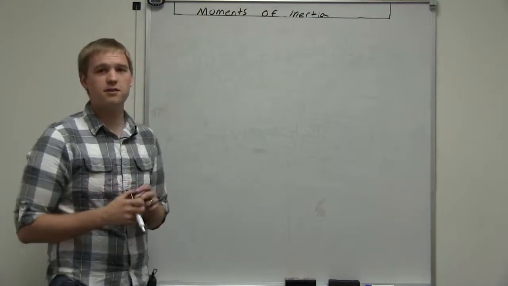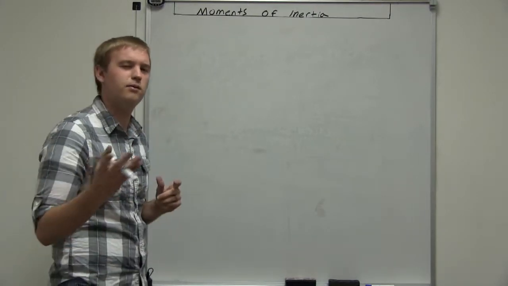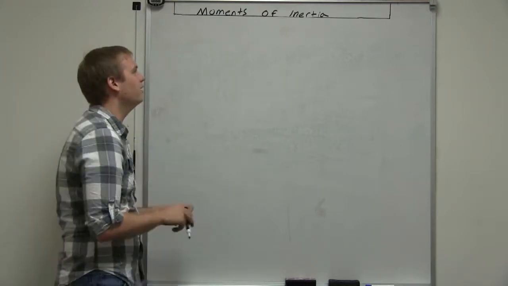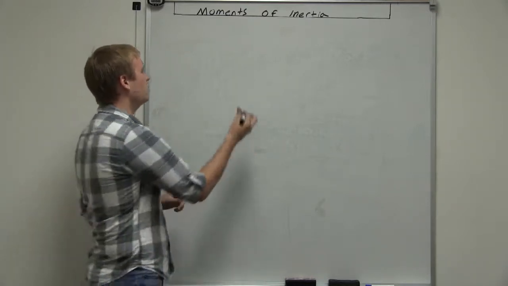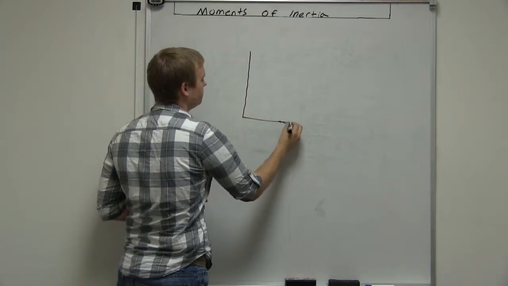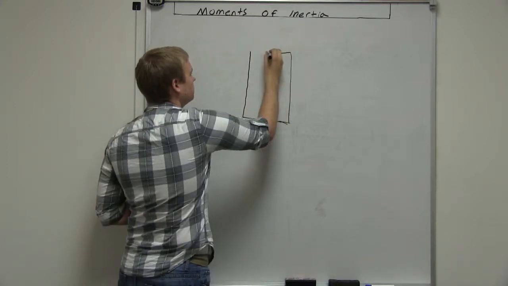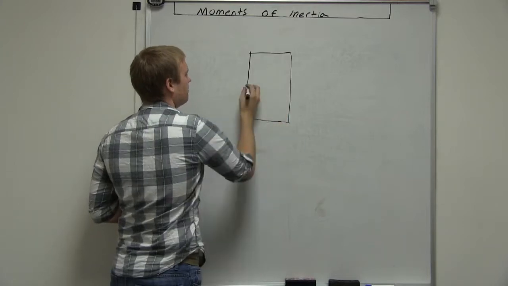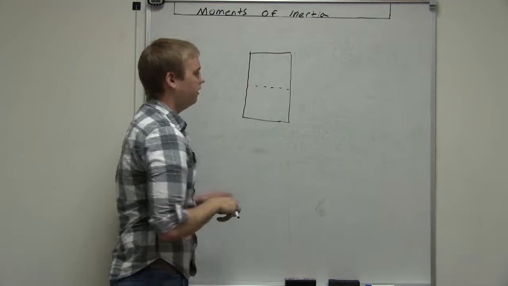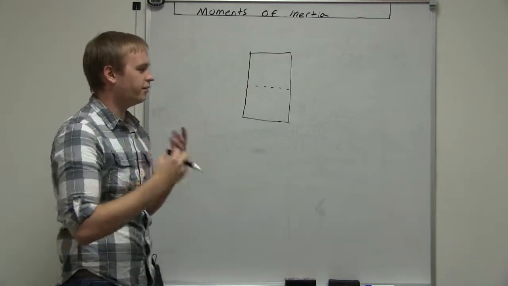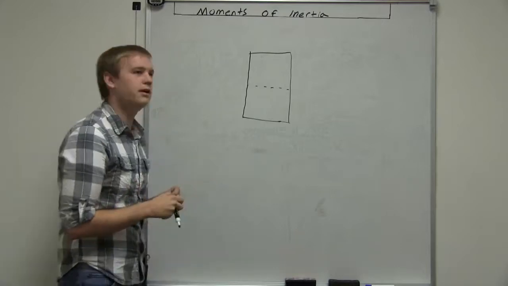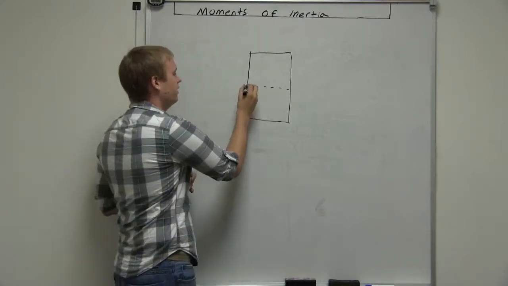Now, there are other moments of inertia, like mass moments of inertia, that you may have used in other classes and that you will use later on. But for this, we're talking about area moments of inertia. So if we had a block, and its centroid is right there, its moment of inertia represents its resistance to angular acceleration about its own axis.